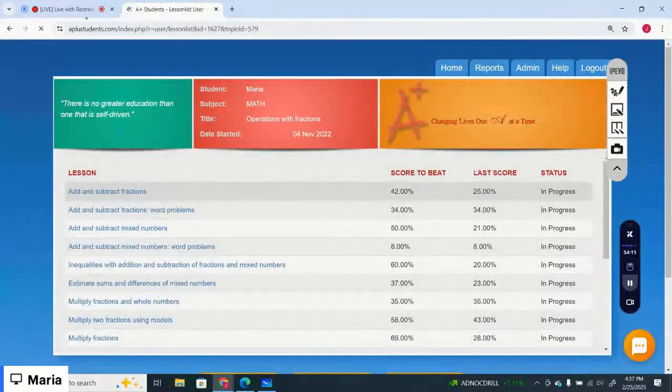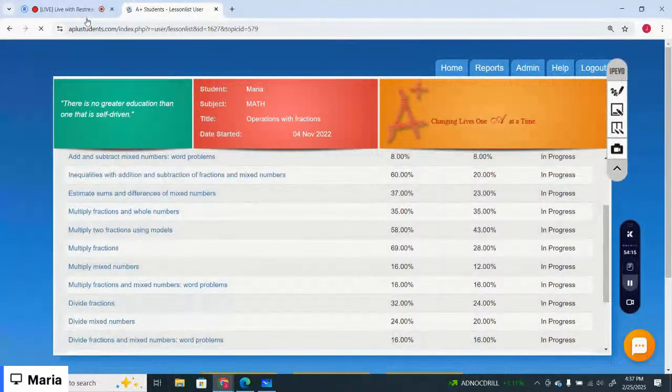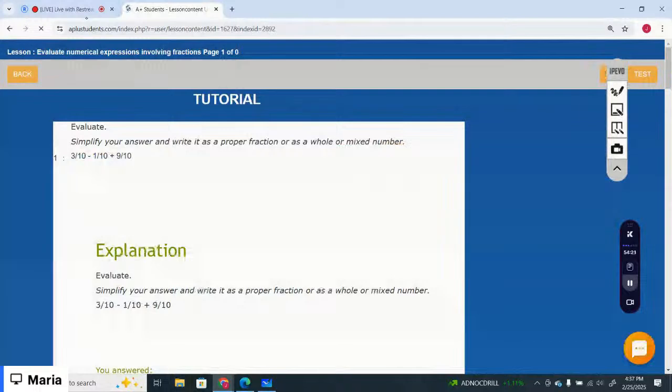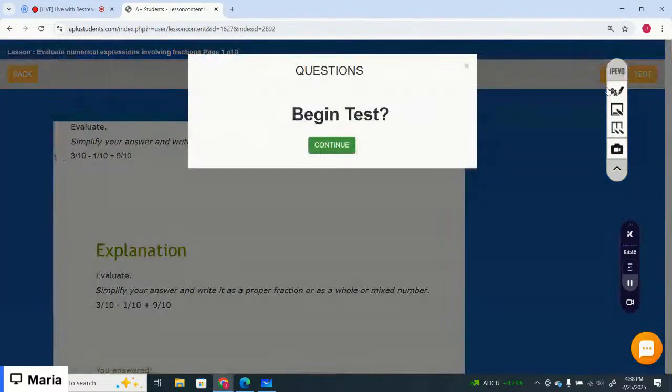The next lesson, I think the last lesson from the chapter, is evaluate numerical expressions involving fractions. Let's just start with the test questions.